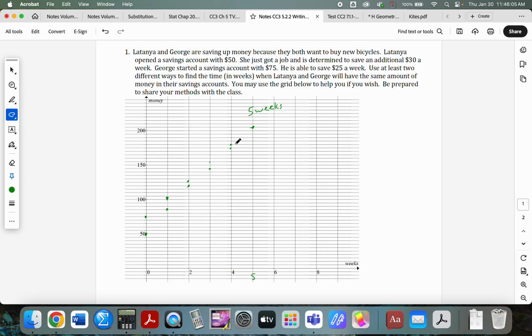If you make an equation. Okay, so let's make an equation for both of them and see. So for Latanya, the amount of money that she has is going to be equal to, she started with $50, plus she's getting 30 for every week.